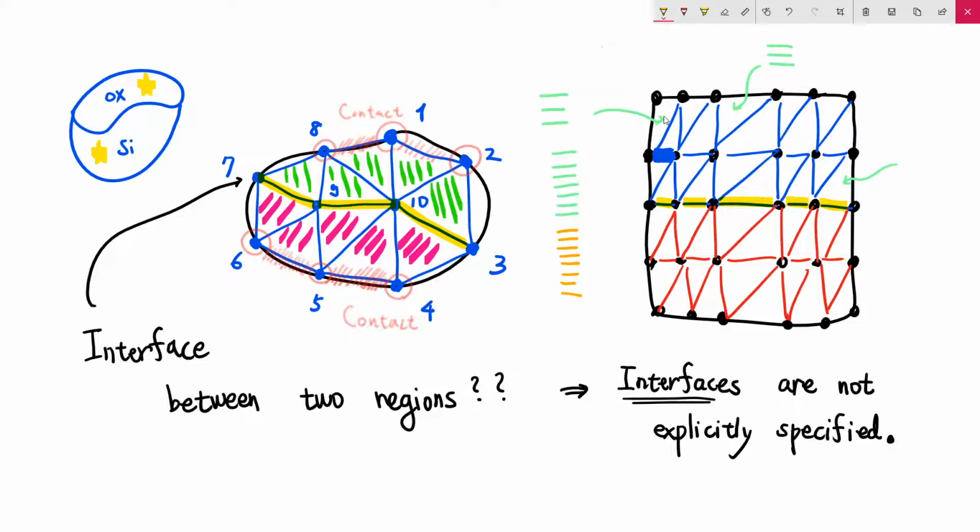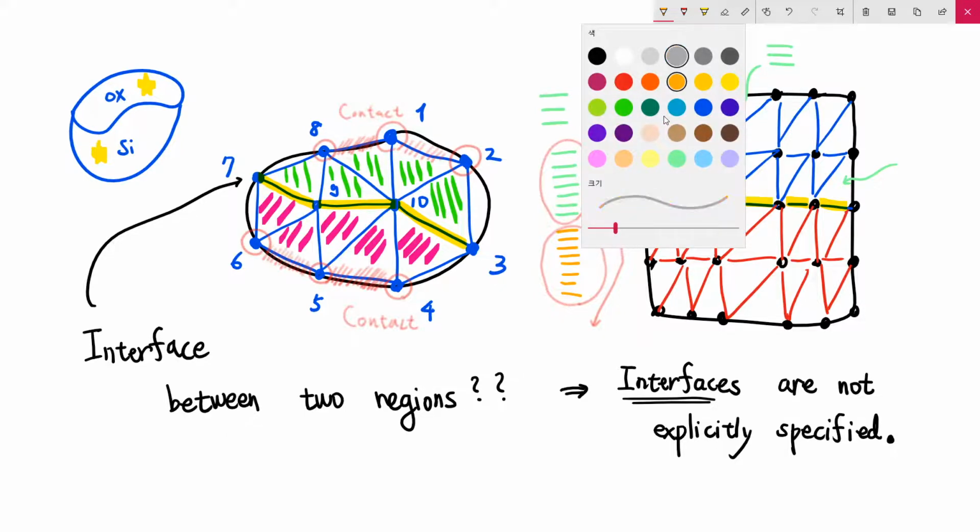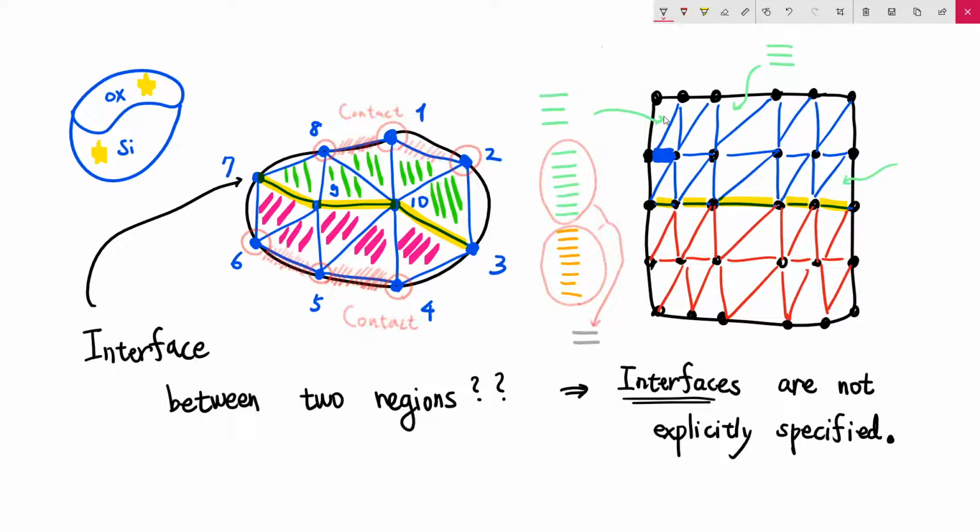After that, you can make the intersection between two sets of edges, and then you can have a much shorter list for your interface edges. Then the interface edges will be the information for you.